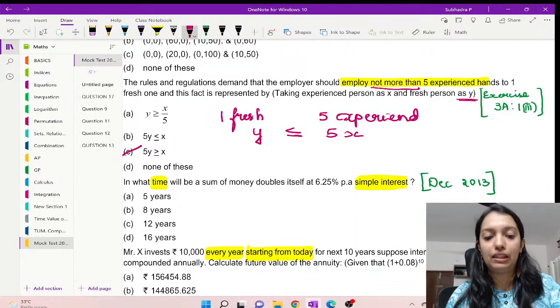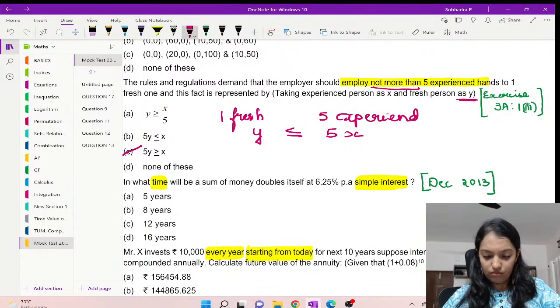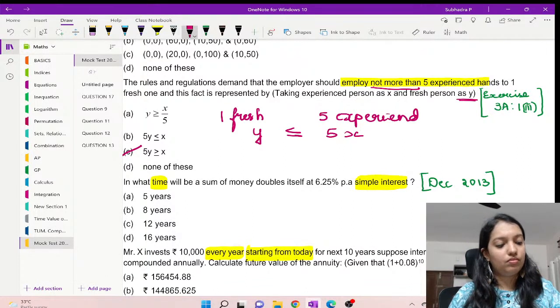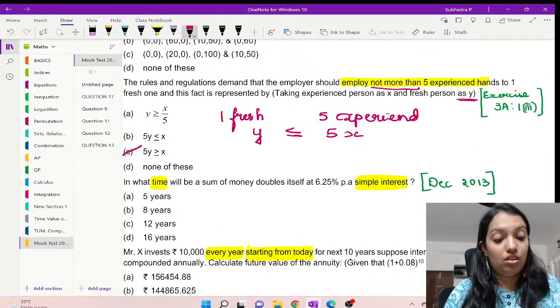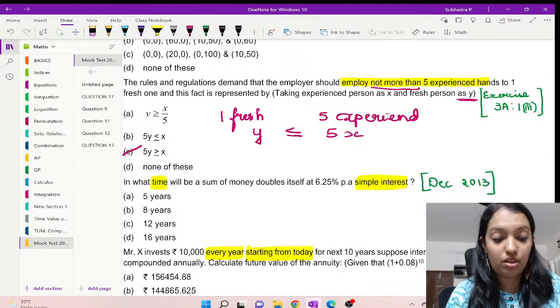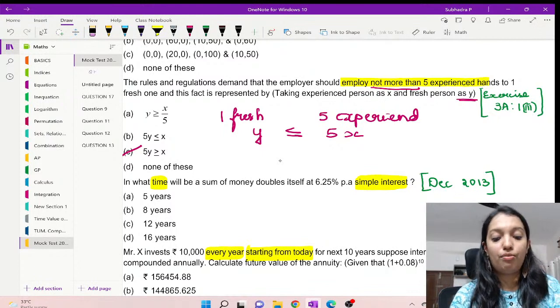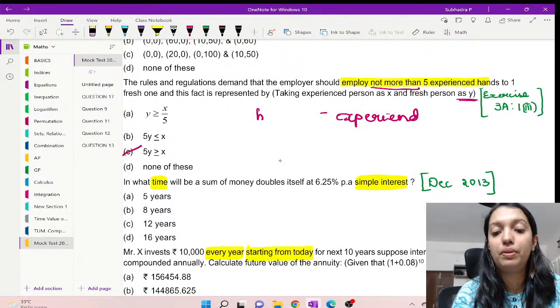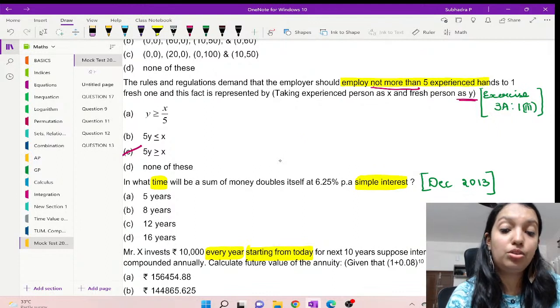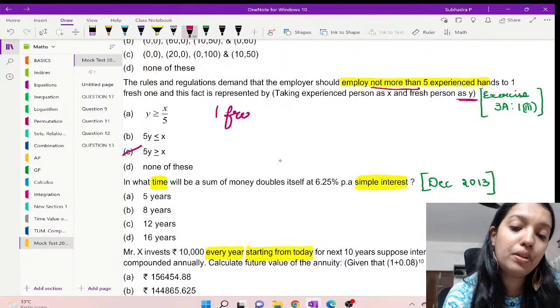When you do adla badli, so should not employ more than 5 experienced persons to 1 fresh one. So for 1 fresh, 5 experienced persons, correct? So how to do this? For 1 fresh person, 5 experienced ones.